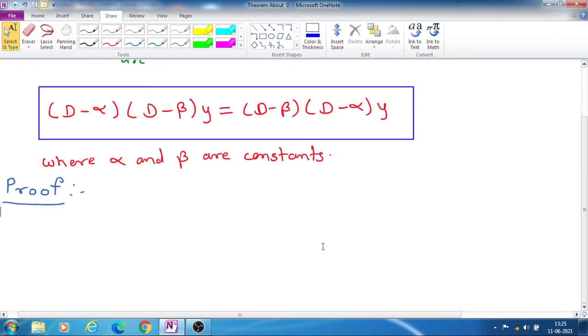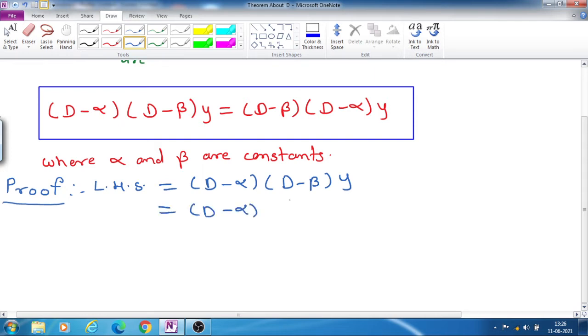So we prove, first we take LHS. LHS is equal to (D minus alpha)(D minus beta) operating upon y. So this is equal to (D minus alpha) and here we first operate only D minus beta on y.